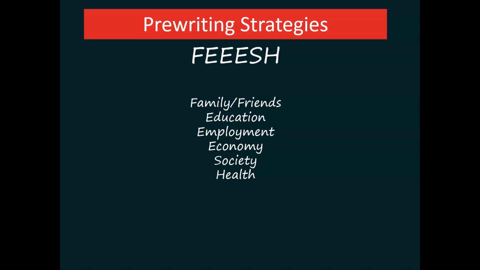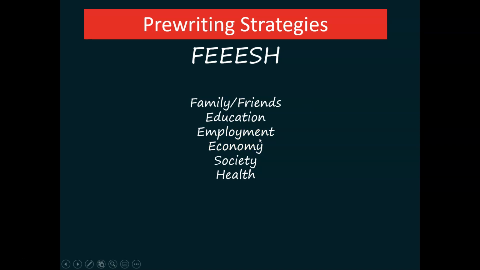For example, if I'm writing about mistakes that college students make and I have family and friends, maybe I would think about some college students don't keep in touch or don't keep in contact with their family. Some college students make friends with the wrong people who get them into trouble. Education, I can think of a lot of mistakes students might make with education, like not going to class, etc., etc. Employment means work.